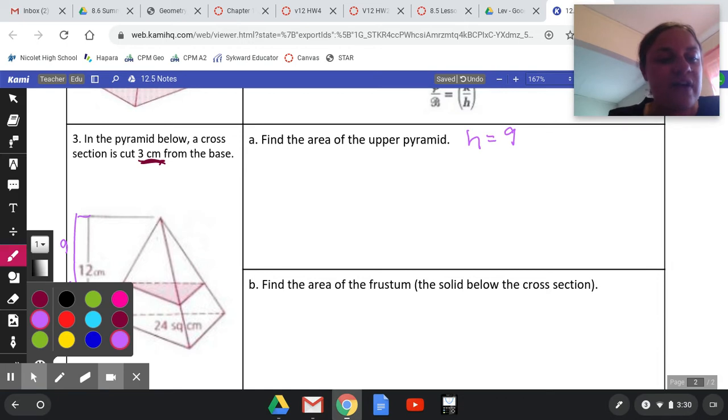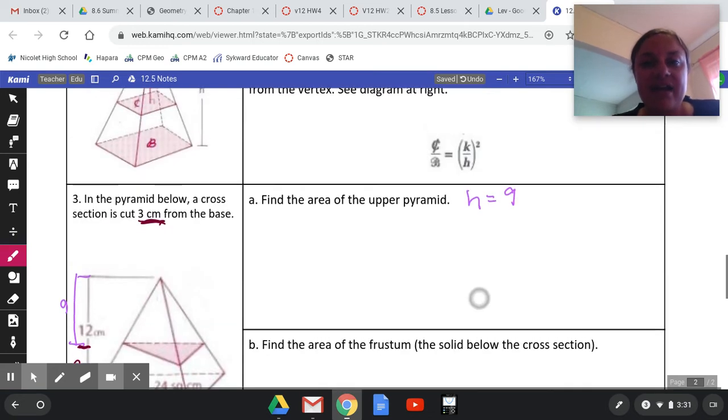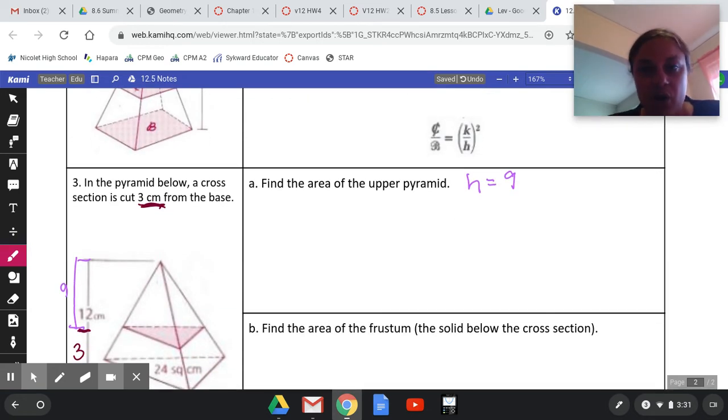Now I need to figure out what the area of that cross section is. In order to figure that out, I'm going to use the ratio that I gave you above. The cursive C with a line through it represents the area of the cross section.